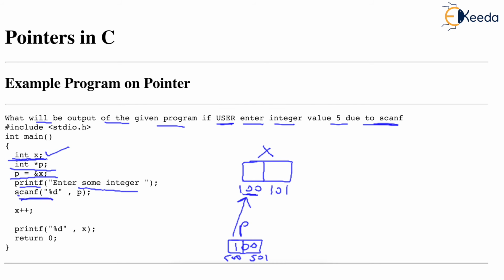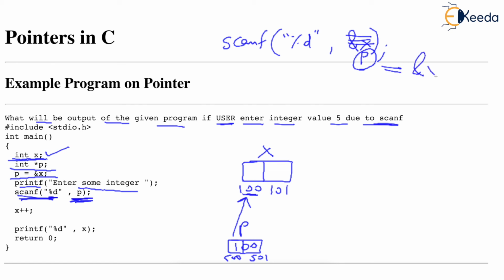Just check the scanf. We are scanning a number, but notice what we are scanning. We are scanning P. Always we write scanf %d and then the address operator, isn't it? Suppose we wanted to scan the value of X, we would have written &X. But in this code, instead of &X, P is written. But you tell me, what is P storing?